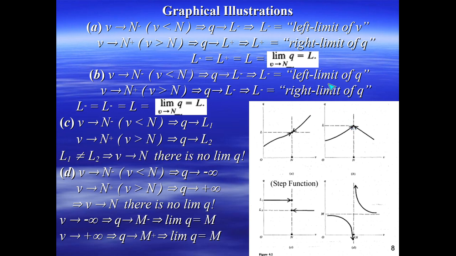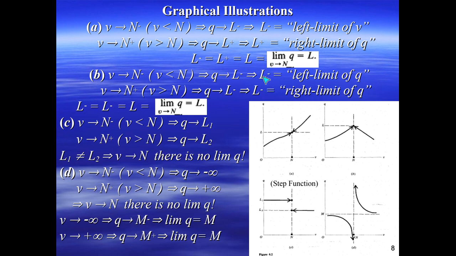This is the left limit of Q. When V goes to n plus, being V values greater than n, from above, from the right hand side, from plus infinity towards n if you wish, then Q goes to L minus again. So in any case, there is no value above L in this function. Everything is below L, so they go to L from below. So the left limit and right limit of Q is L minus.